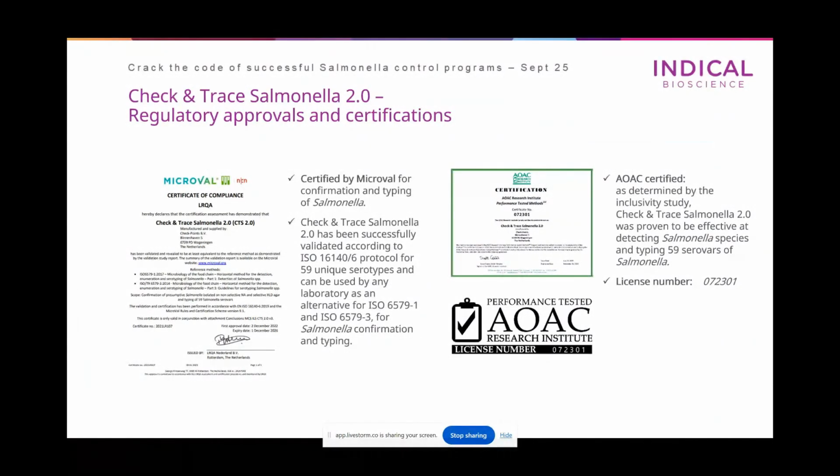This was successfully validated according to the ISO 16140-6, meaning that if you want to implement it at your lab, you will need to follow the 16140-3, which is really easy because we did all the work for you. You only have to run a couple of samples to be able to validate it at your own lab.